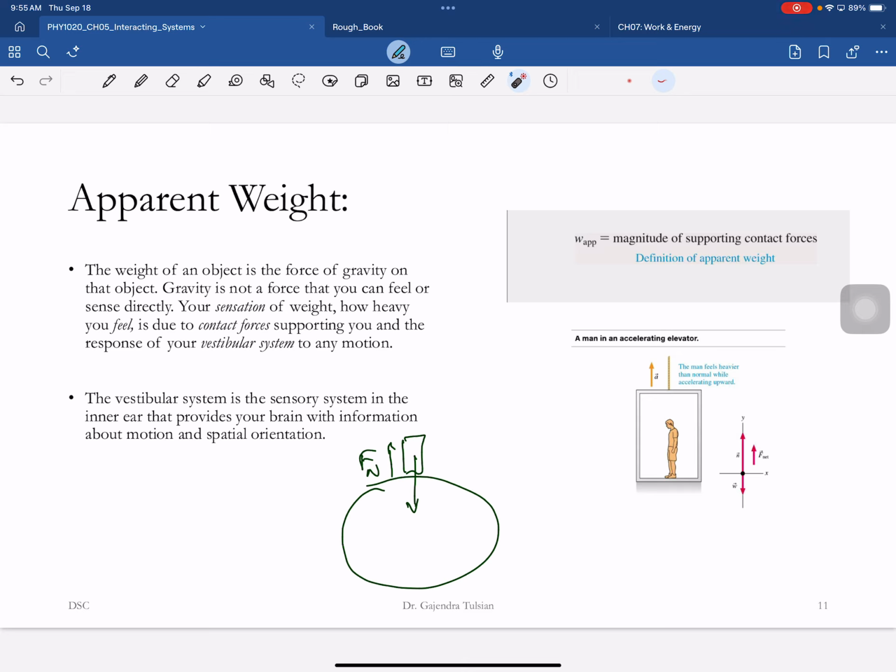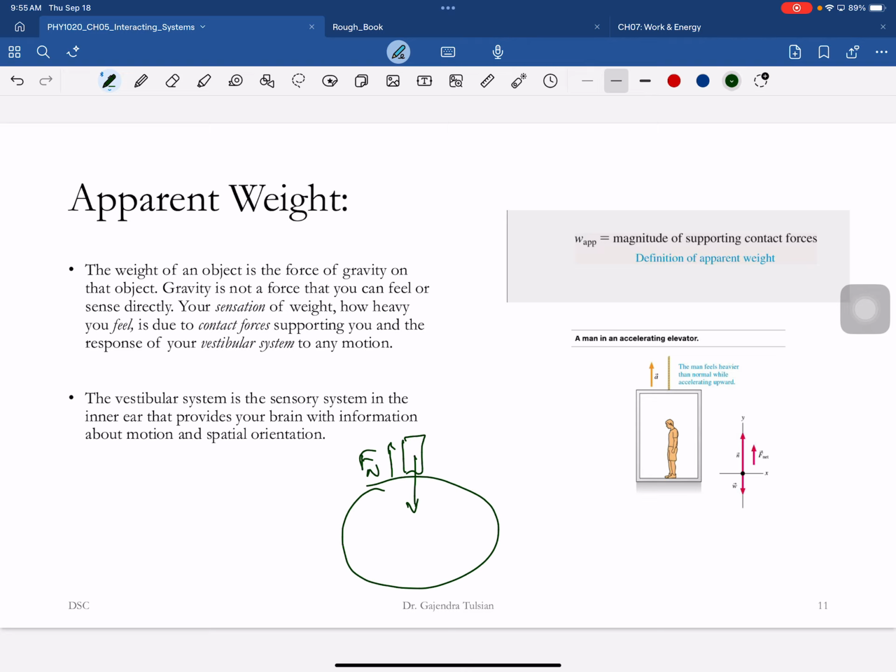In this example, you're in an elevator which is accelerating upwards. When you get in an elevator and it starts accelerating upwards, there are 2 forces acting on you: the force of gravity and the force with which the elevator is pushing you up. The elevator has to push you up harder because you're accelerating upward.